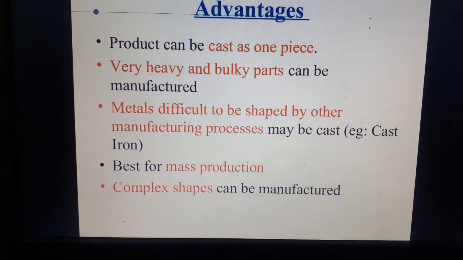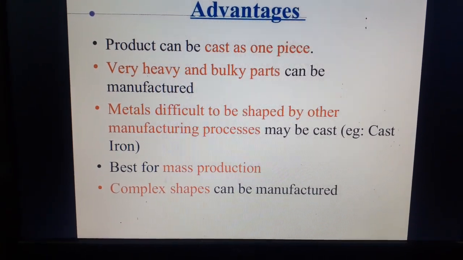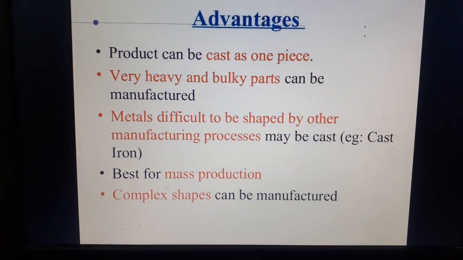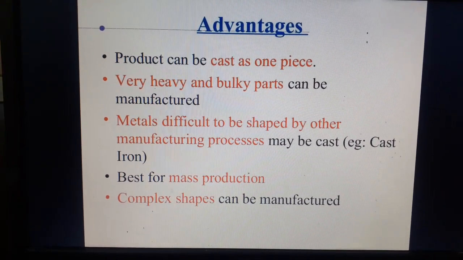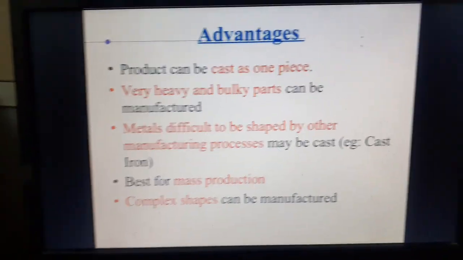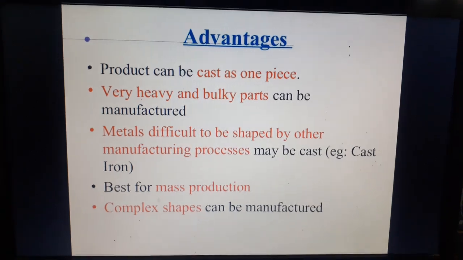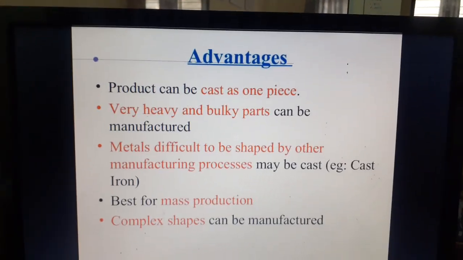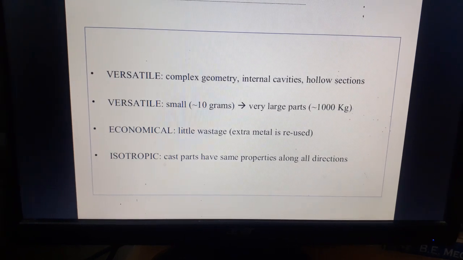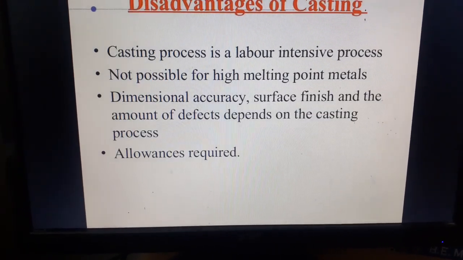Very heavy and bulky parts can be manufactured. Metals difficult to be shaped by other manufacturing processes may be cast. It can be used for mass production, so the production cost will be very less. Complex shapes can be manufactured. Then it is a versatile manufacturing process, also economical.